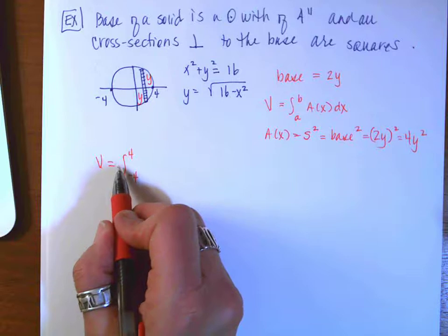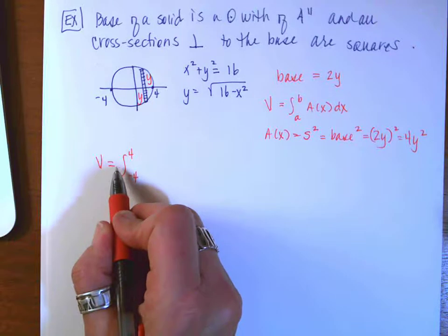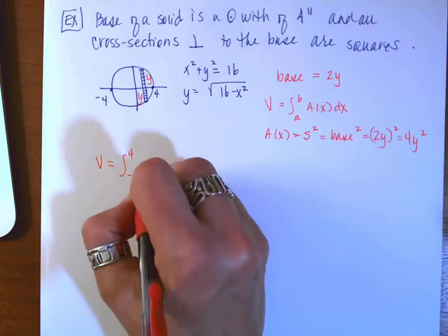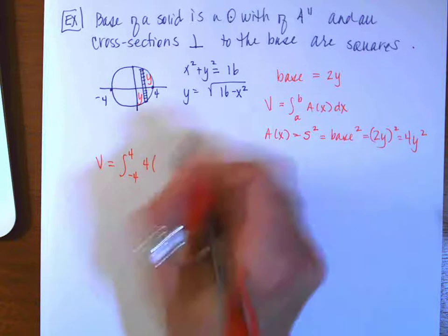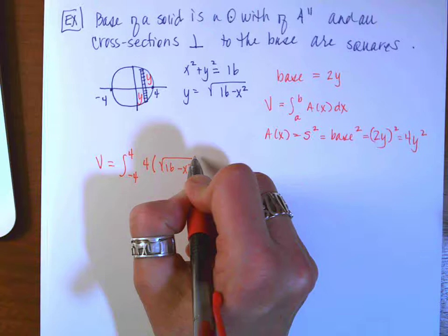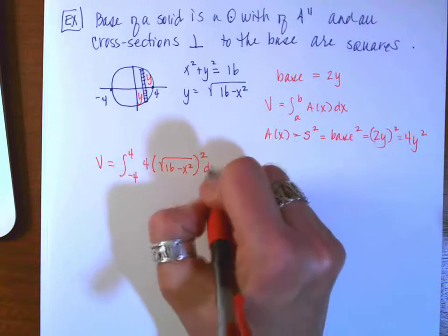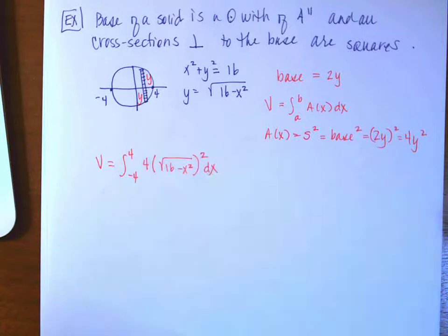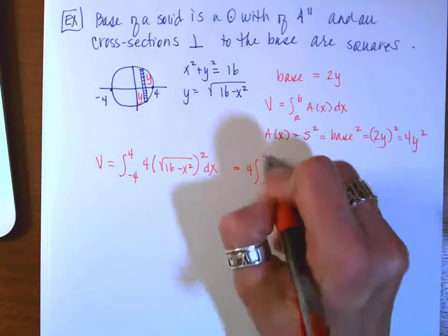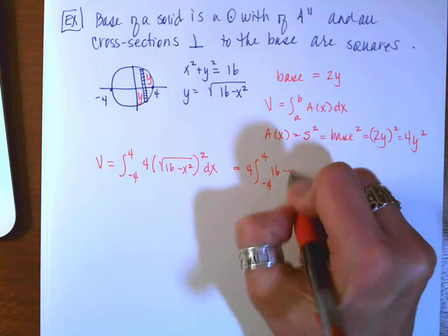So my volume is going to equal the integral from a negative 4 to 4, and again, it's no pi because my cross-section isn't a circle or a disk, it is a square. My area formula is 4y squared. My y is the square root of 16 minus x squared, dx, okay?